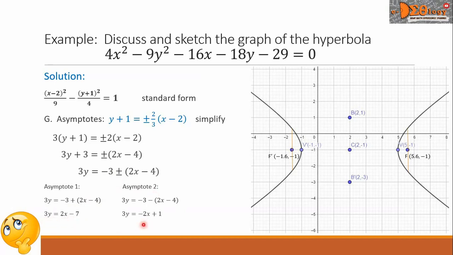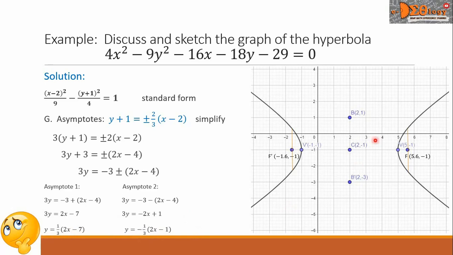For the second asymptote, we have 3y equals negative 2x plus 1. Finally, the equations for the asymptotes are y equals 1/3 times (2x minus 7), and the second asymptote is y equals negative 1/3 times (2x minus 1).